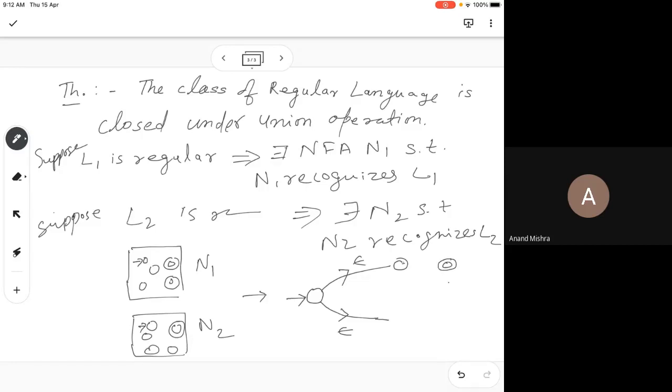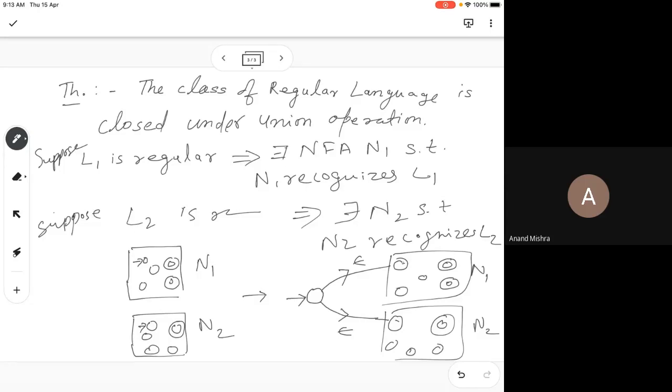It will also go to the start state of N2, and all the other things will remain the same. Now this NFA, which I have just drawn, will definitely recognize L1 union L2. Everyone is with me?